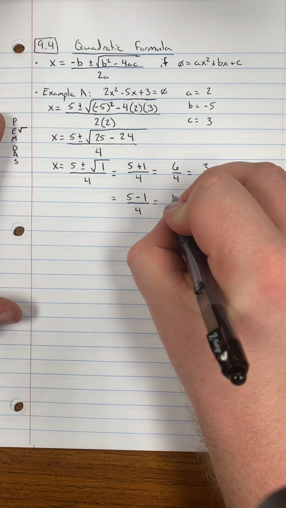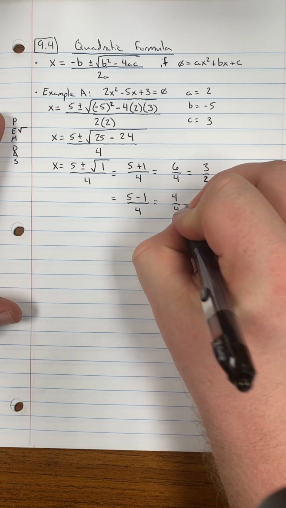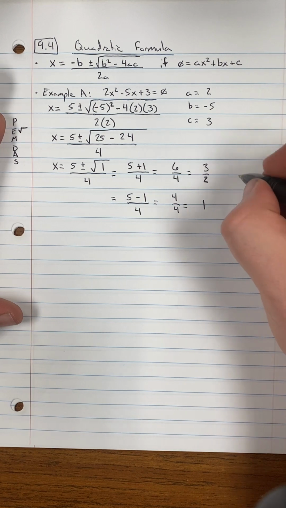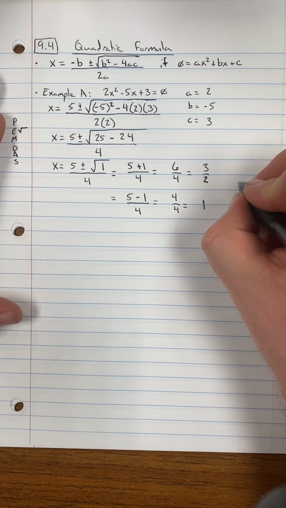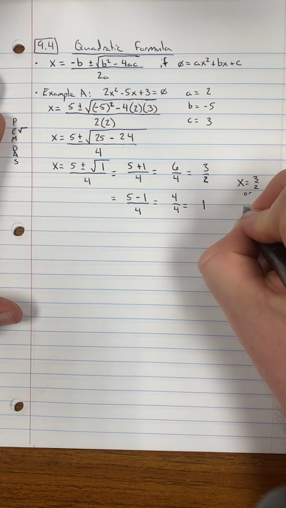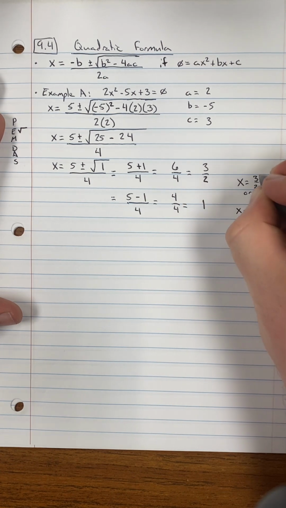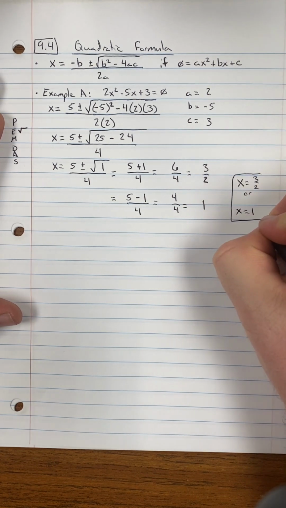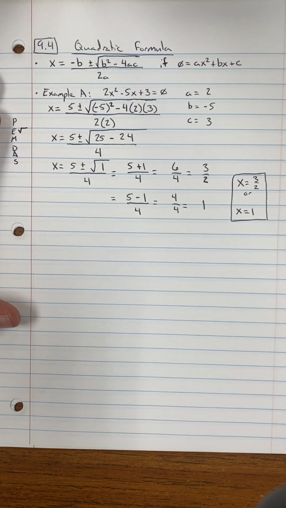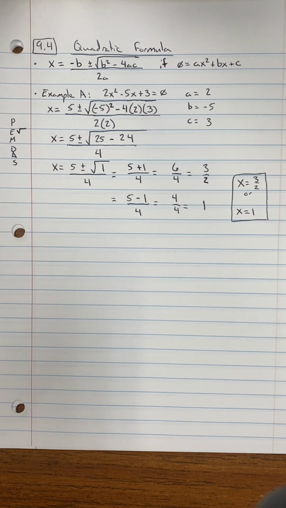And then this one becomes 4 over 4, which is equal to 1. And so my final answer is x is equal to 3 over 2, or x is equal to 1. Okay? So that's how you do it.